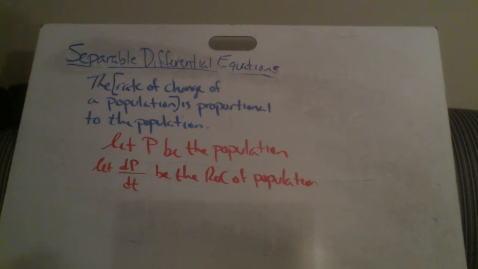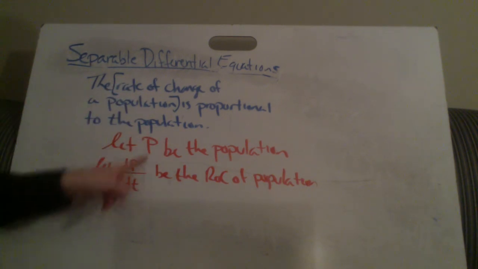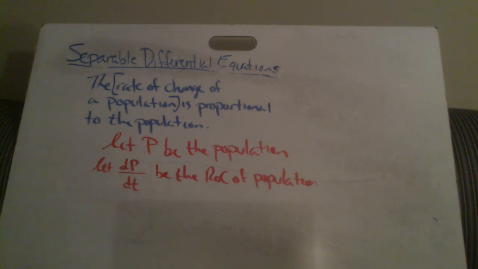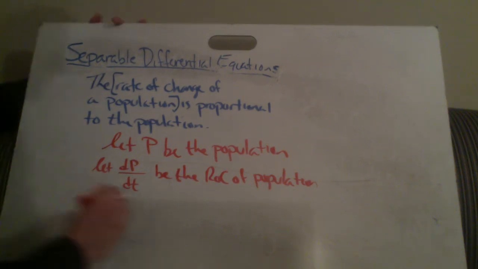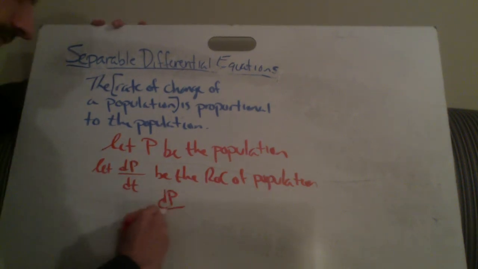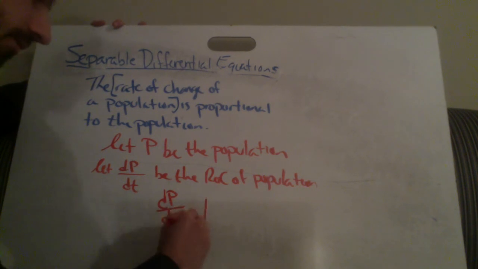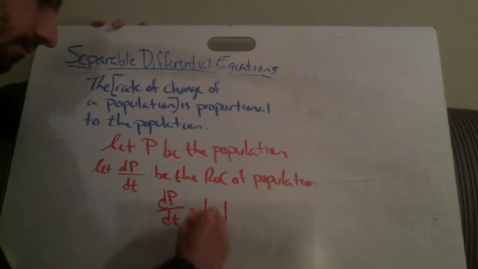So far, that seems okay. If these two quantities are proportional to each other, that means that dP dt is equal to some constant times P.